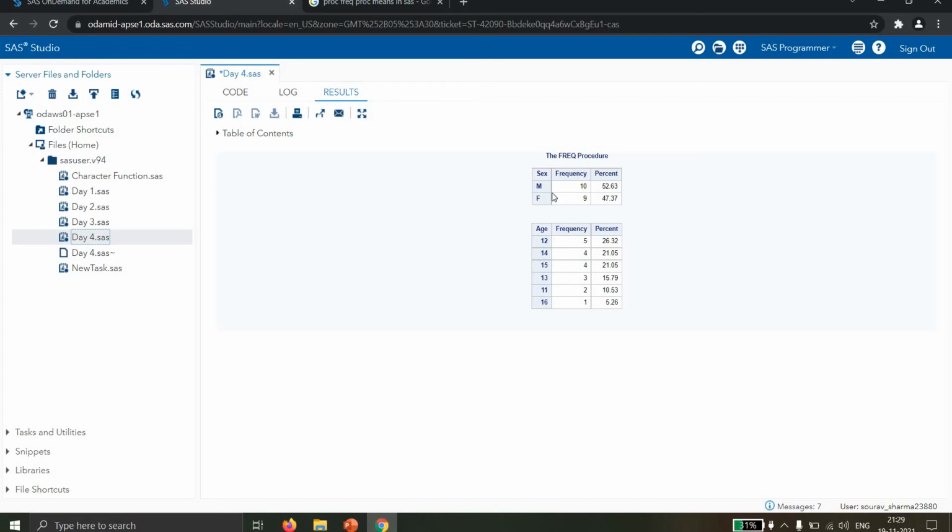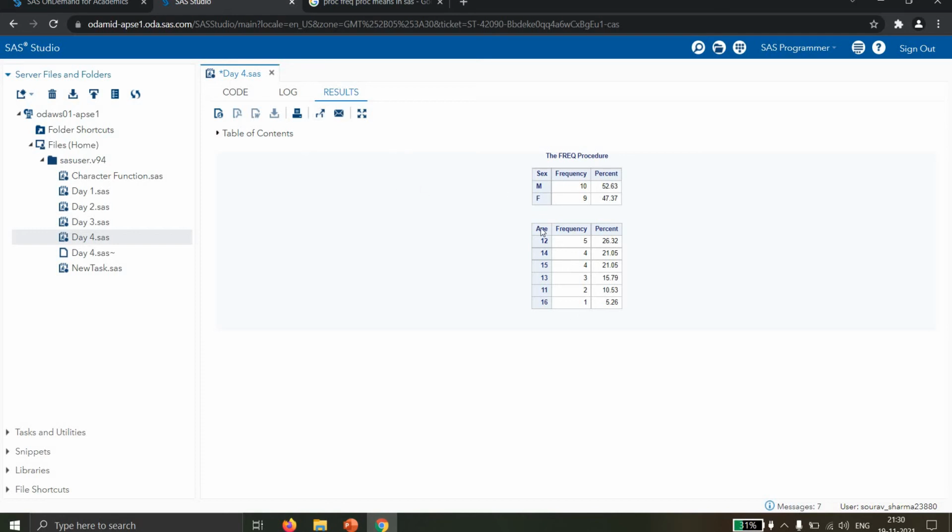Male is greater, by default it's showing as descending. Male is 10, female is 9, so the higher is above and the lower is down. Age 12 has the maximum students in the class, 5, then 14 has 4, 15 has 4, 13 has 3, 11 has 2 and 16 has 1.